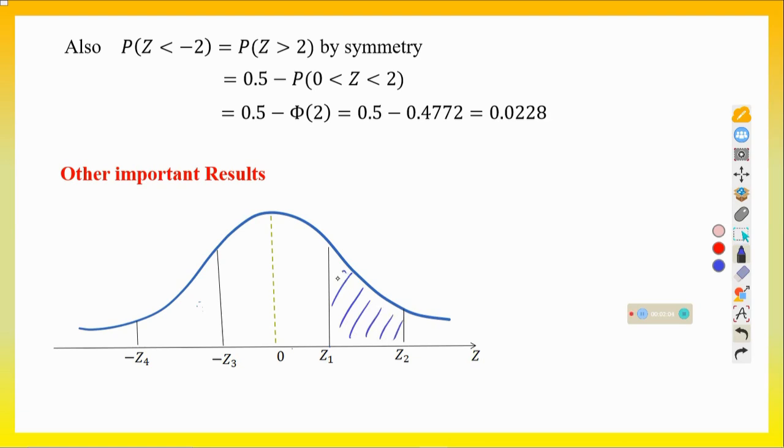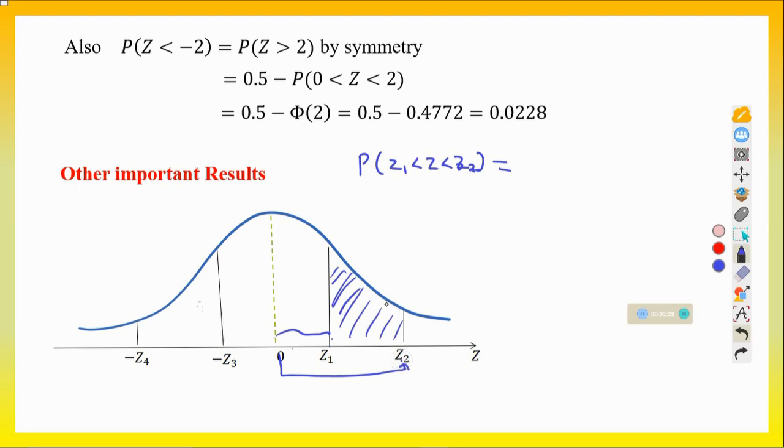So if you are interested in getting the probability of z1 less than z less than z2, first of all, I can easily get the probability from 0 to z1 and from 0 to z2.